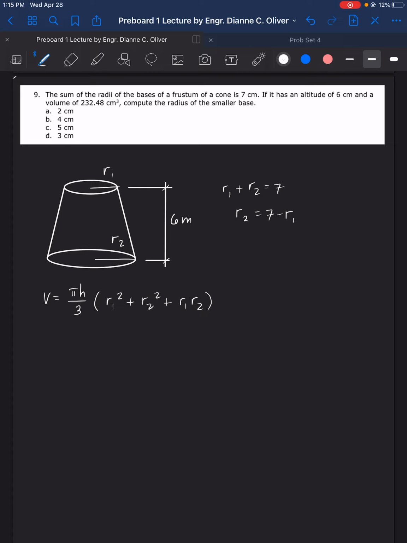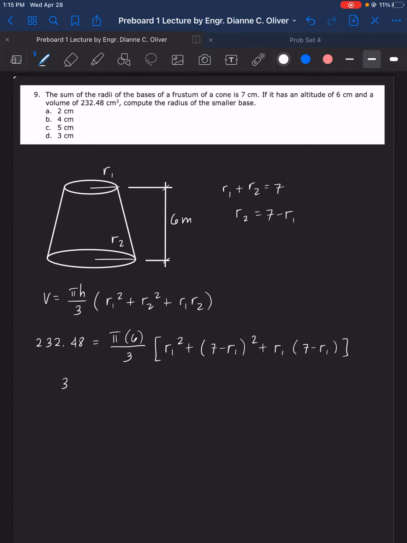Now, given the volume of the frustum of the cone as 232.48 cubic centimeters equals pi, the altitude is 6 divided by 3, R1 squared plus R2, which is 7 minus R1 squared, plus R1 times 7 minus R1.